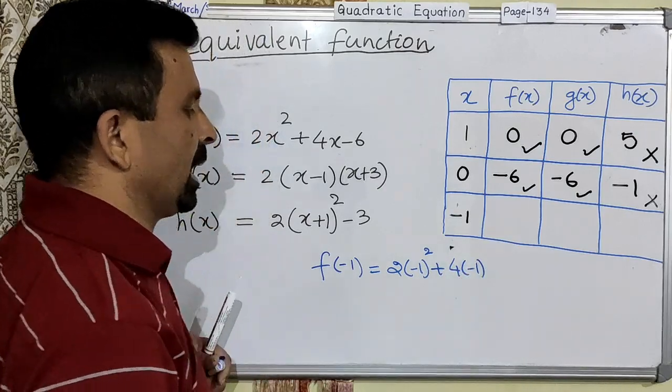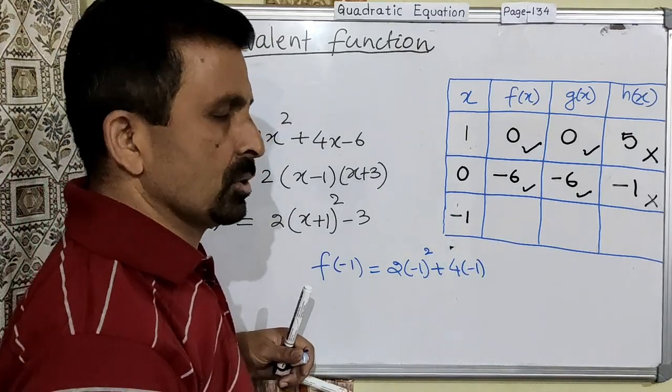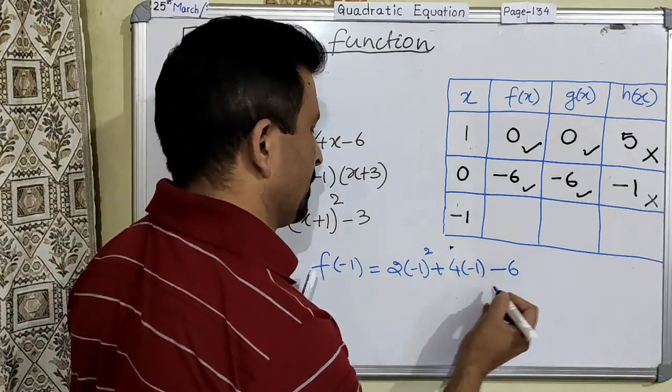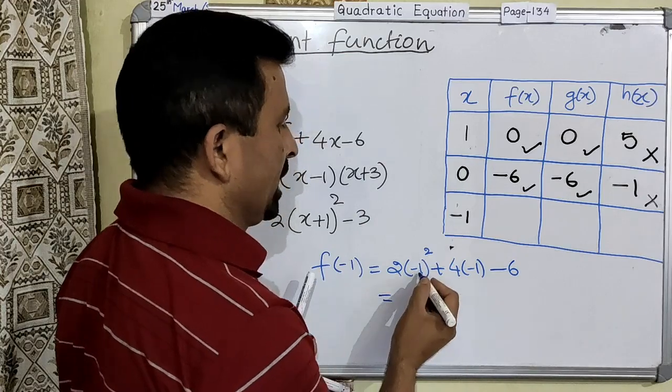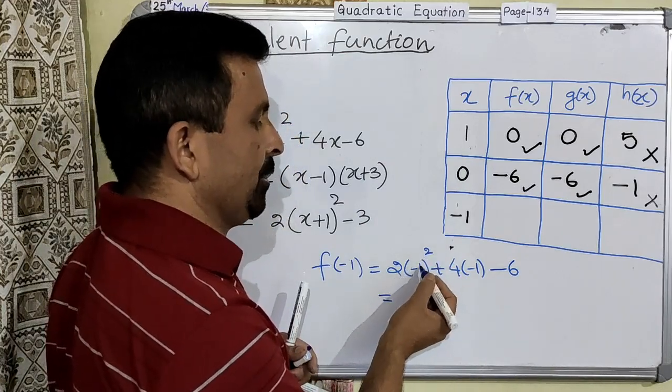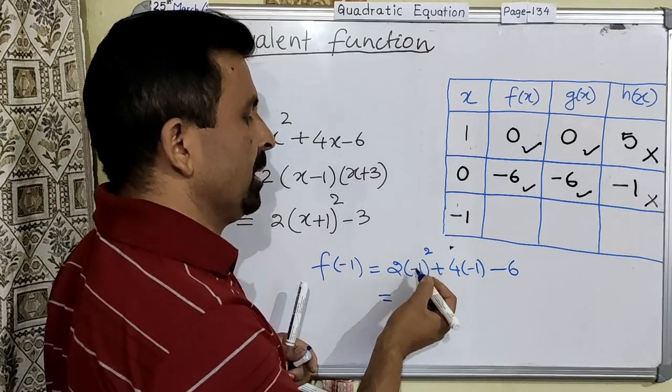When I get a negative number, I always use a bracket for precaution, so that I don't make any mistake. Now this is minus 1 square. This is a negative base and the power is even. So the result will become positive, no? The answer of this will be just positive 1.